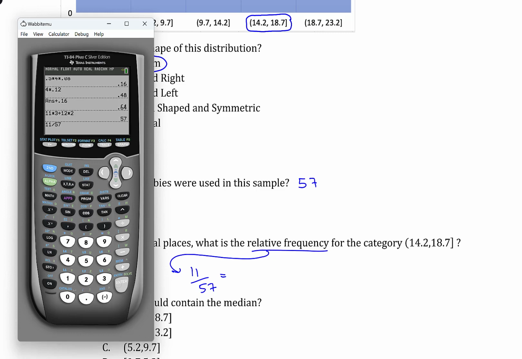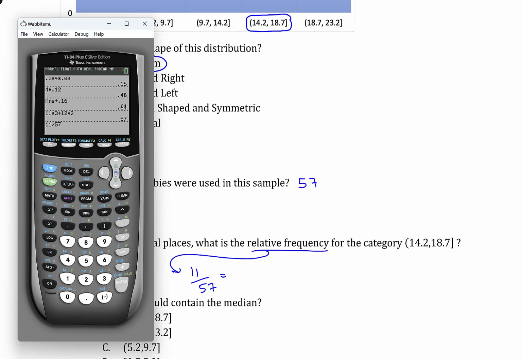Well, I don't have a list, but I know the first 11 values are in this range. Then the next 12, which would be a total of 23 values, would be up to this range. Then the next 12 would take me up to 35.